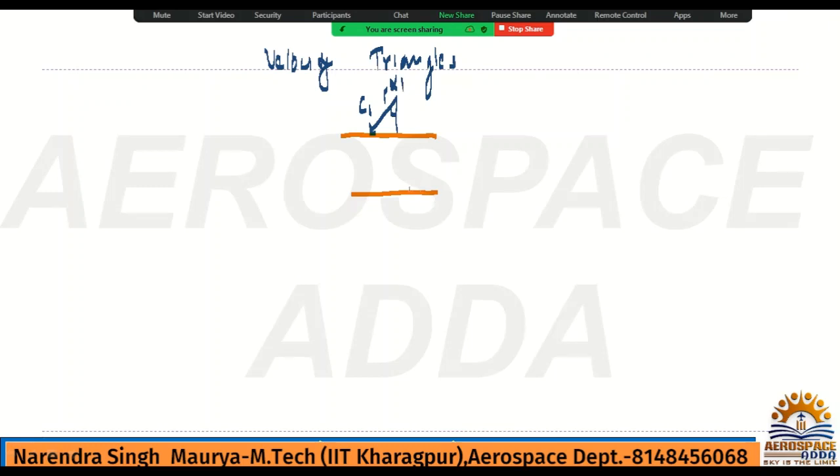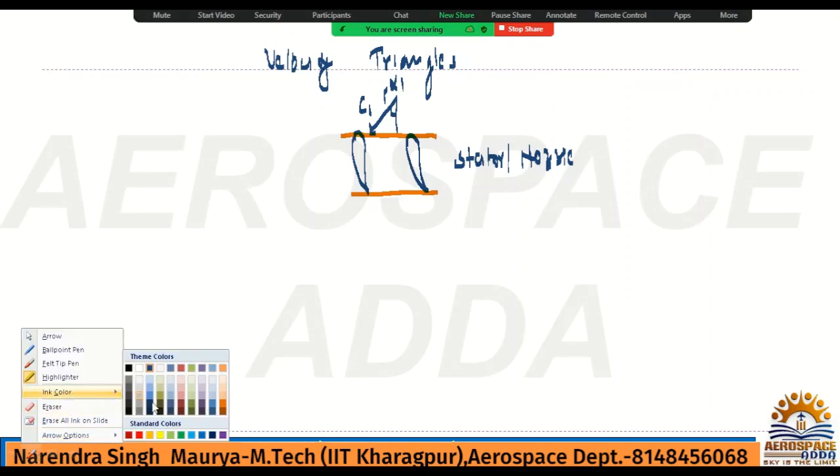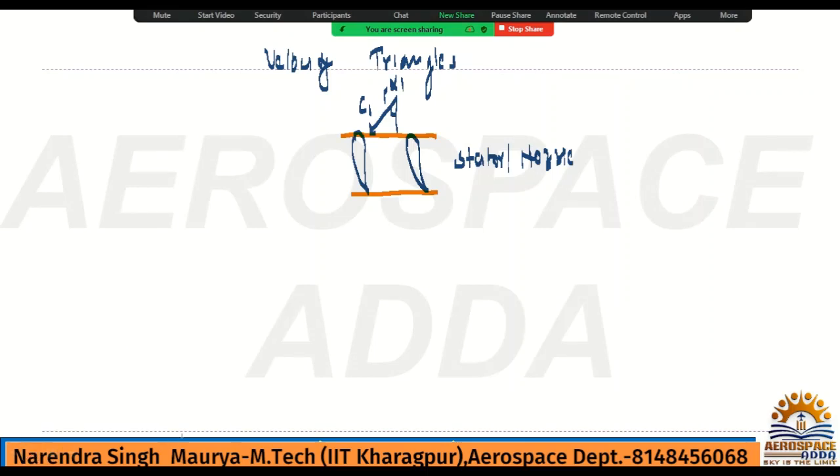And now these are the stator blades. Flow will be entering here. This is the stator or nozzle, I told you both are the same thing. So this is the stator. Now flow will be going.